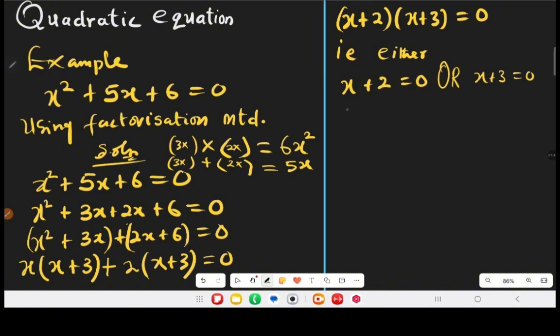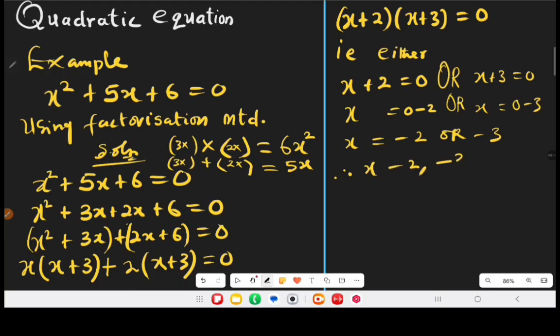Now, we collect the like terms: x equals 0 minus 2 or x equals 0 minus 3. Therefore, x is equal to minus 2 or minus 3. Therefore, x is minus 2, minus 3 as the answer.